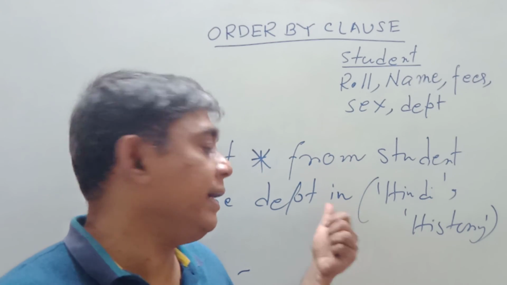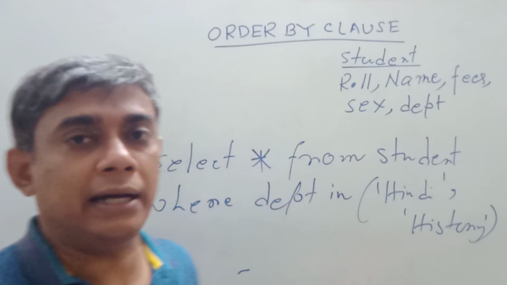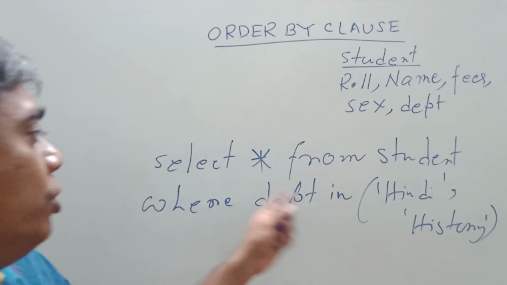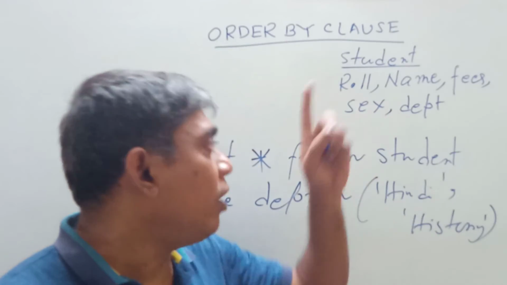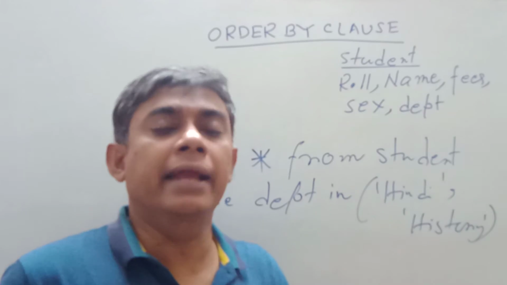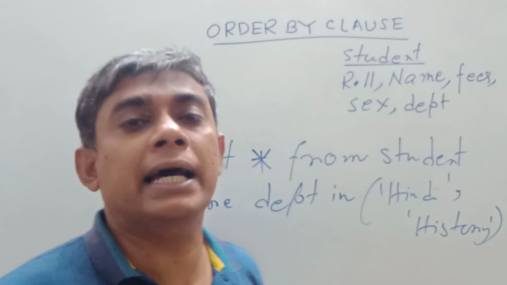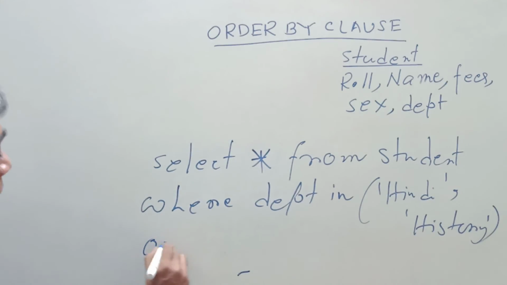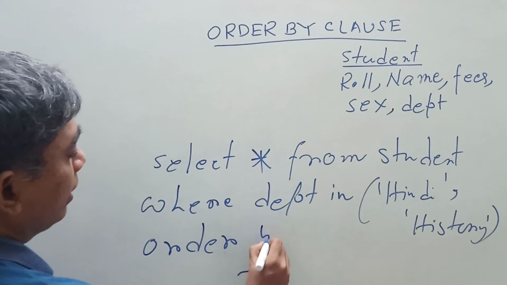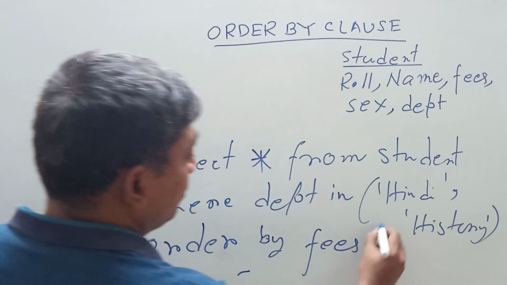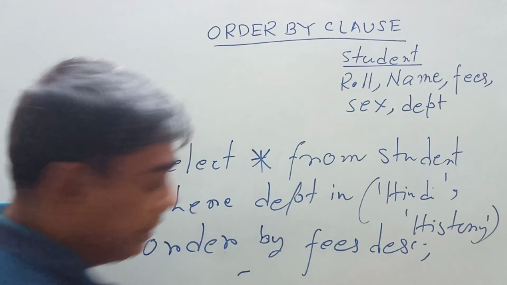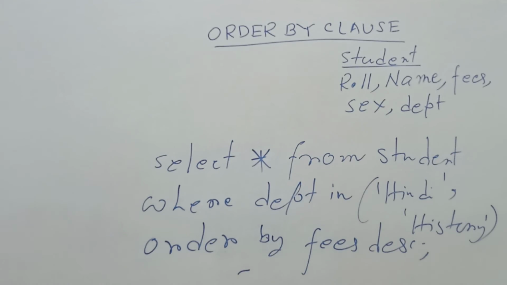Here we use in operator. After that, we want to display details in descending order by their fees. After that, we write order by fees, then we write DESC, in descending order by their fees.